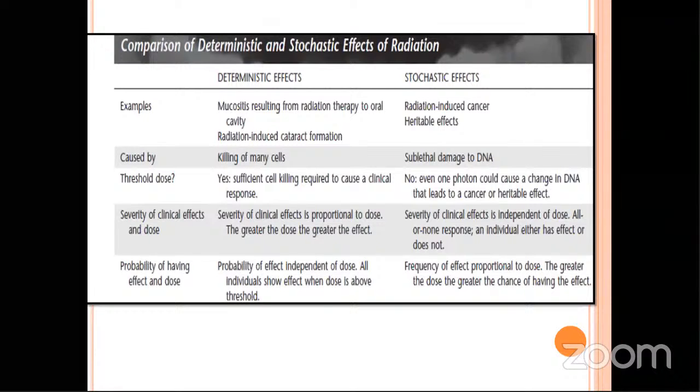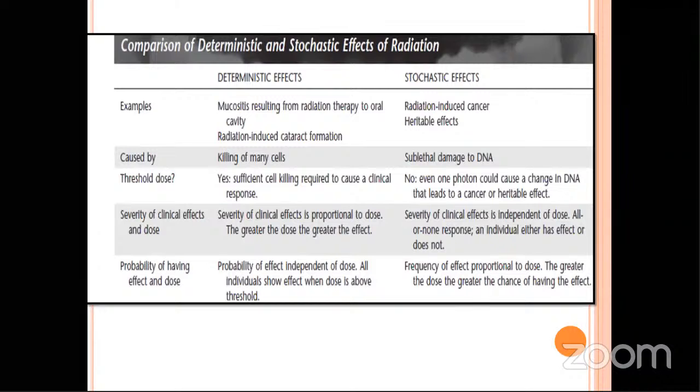Okay, so these deterministic effects of radiation are mainly implicated in the treatment of certain cancers as radiotherapy treatment. Okay, so imagine a tumor. The tumor cells which are concentrated at the center will have less oxygen supply.